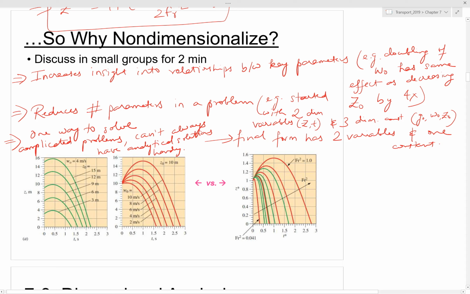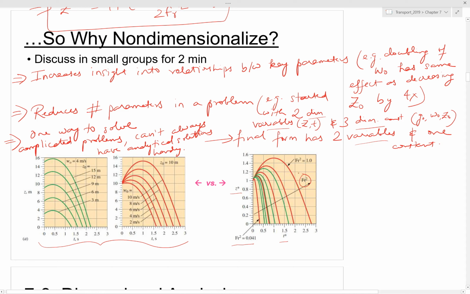So this is a pictorial way. In the previous example, you could have all different charts for the three dimensional constants and two dimensional variables, or you can simply have one chart as a function of t star and z star, two variables, and the Froude number.